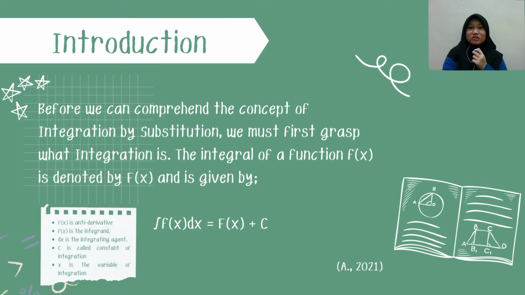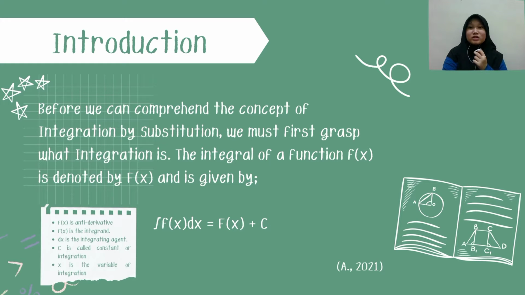The integral of a function f(x) is given by the integral of f(x) dx equal to F(x) plus c, where F(x) is called the antiderivative or primitive, f(x) is called the integrand, dx is called the integrating agent, c is called the constant of integration or arbitrary constant, and x is the variable of integration.